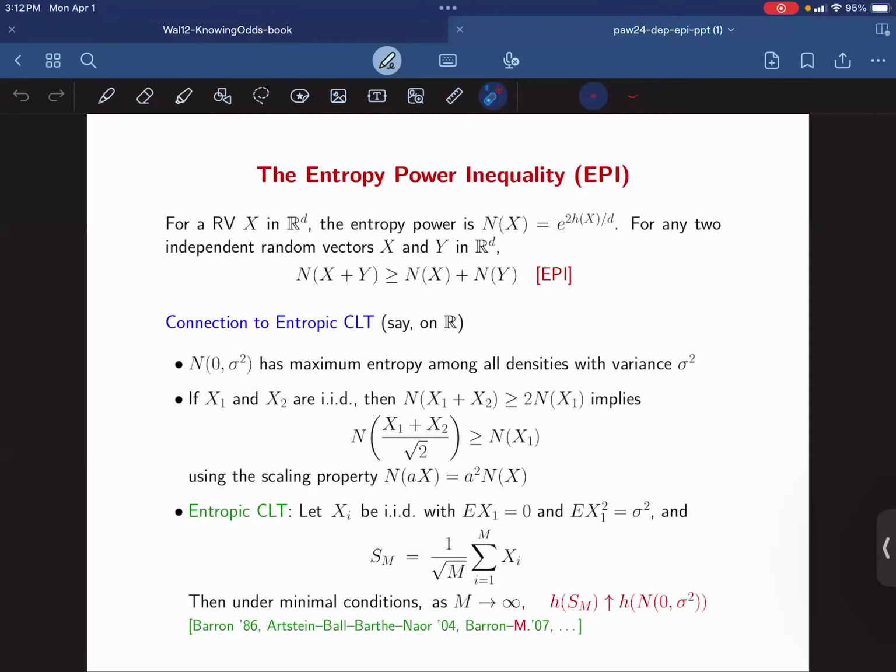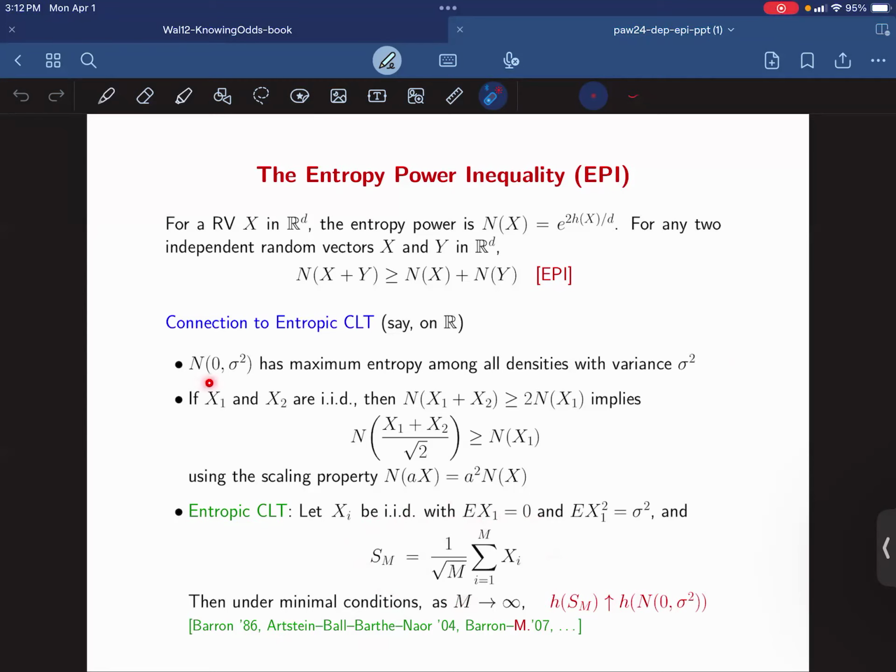So this follows from the Shannon-Stam entropy power inequality, but it was shown by Artstein, Ball, Barthe, and Naor in 2004 that actually the entropy increases at every step, right? So if you consider these normalized sums in the central limit theorem, where you start off with IID random variables with mean 0 and some variance, then the entropy of these normalized sums monotonically increases.